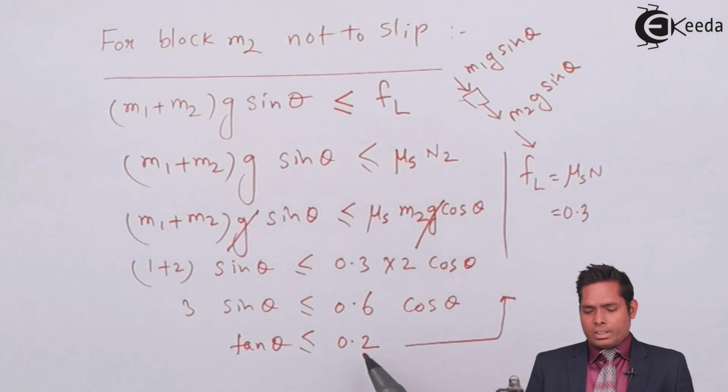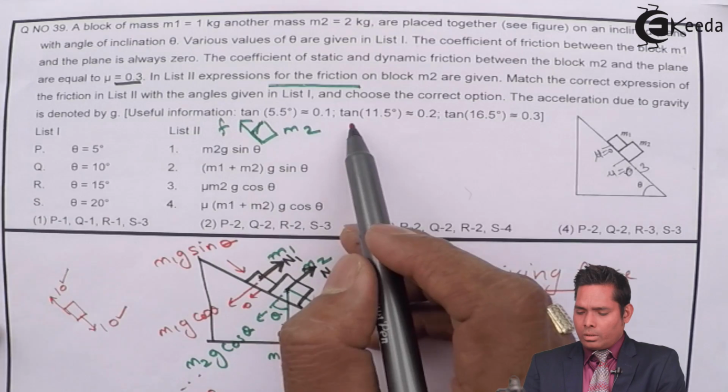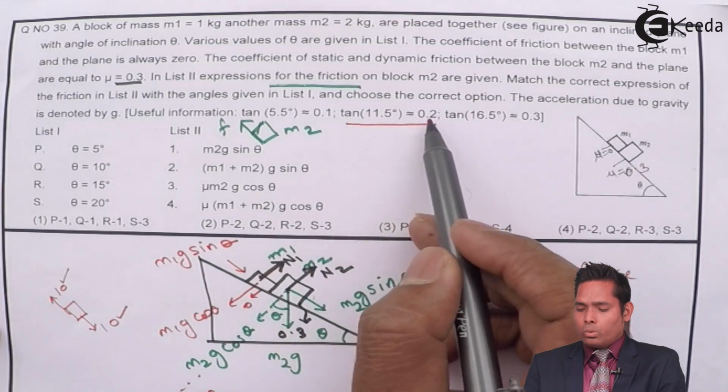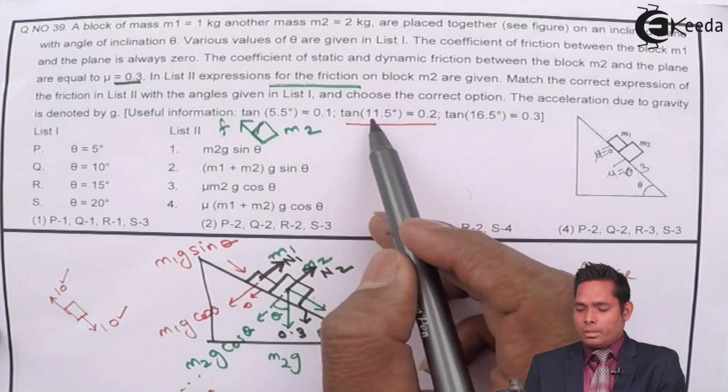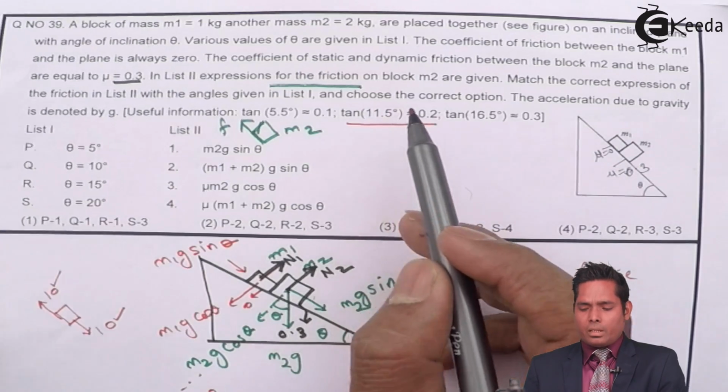We have already seen in the question 0.2 tan theta. So theta will be this one that is given.